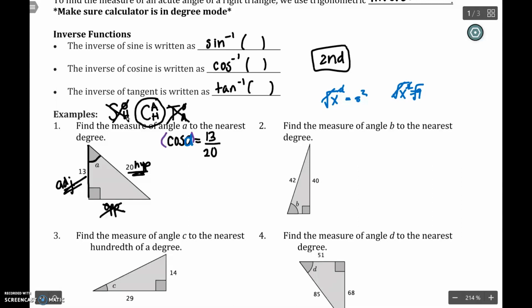So we will take the cosine -1, inverse cosine, of both sides of our function. So that means that the cosine -1 and cosine will cancel, leaving you with just the variable, the A that you're looking for. And then this is written as cosine with a -1 of 13 divided by 20, or 13 over 20.